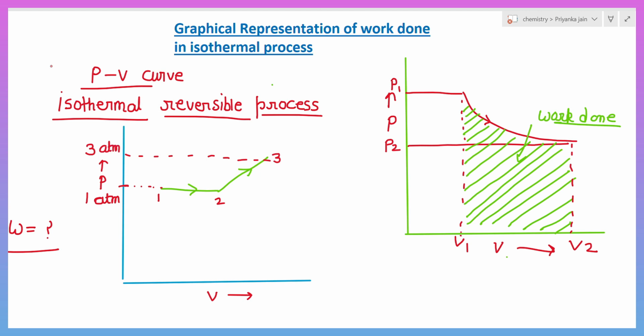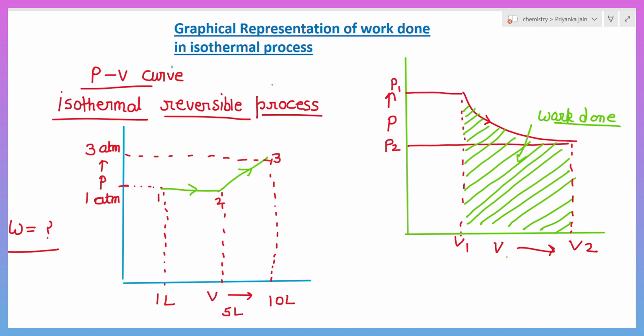Now see the volume change. At point 1, suppose the volume is 1 liter. At point 2, suppose the volume is 5 liter. And at point 3, suppose the volume is 10 liter. Now you have to find the work done in this process.